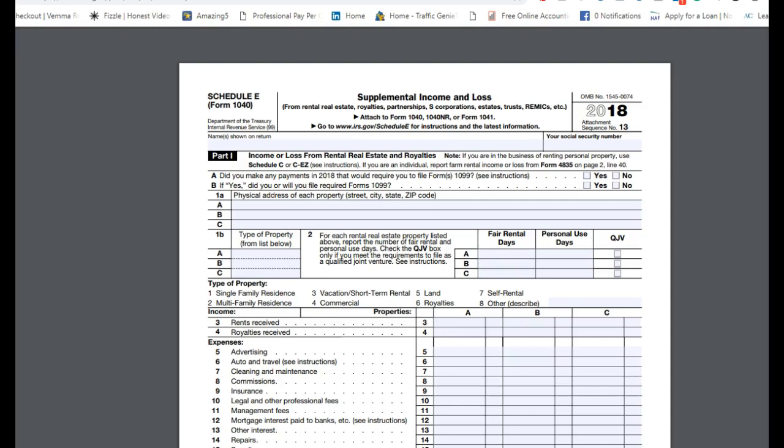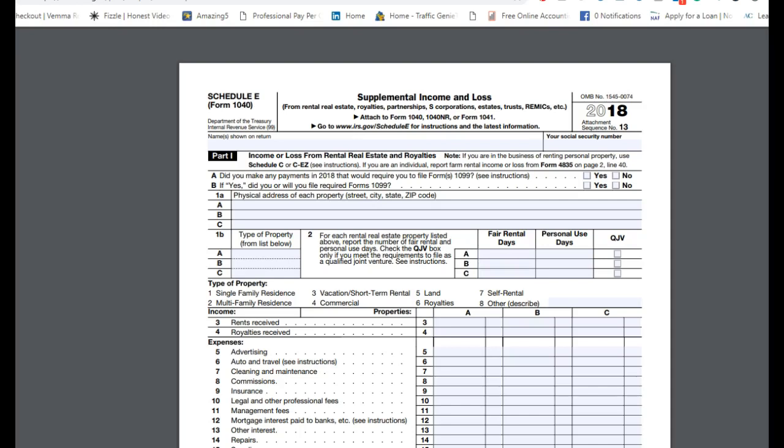But in this video, we're strictly just going to go through the Schedule E itself, section by section, just dealing with the Schedule E rental income aspect of it, and nothing else at this time. So Schedule E is basically for people who have rental property that they rent to other people for a place to stay for income.